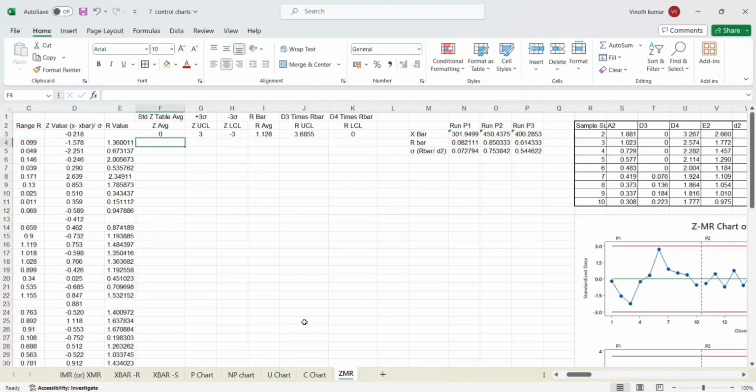So I say is equal to, now this will be your corresponding center line and control limits for your graph.